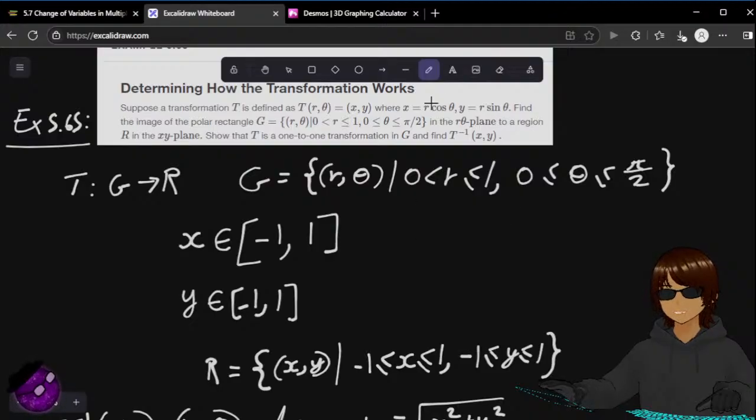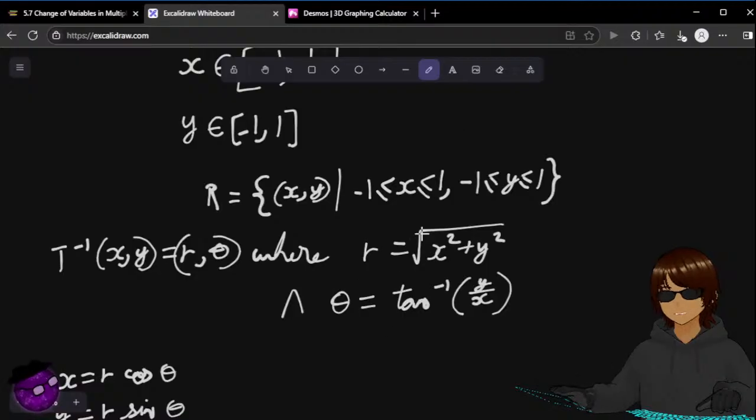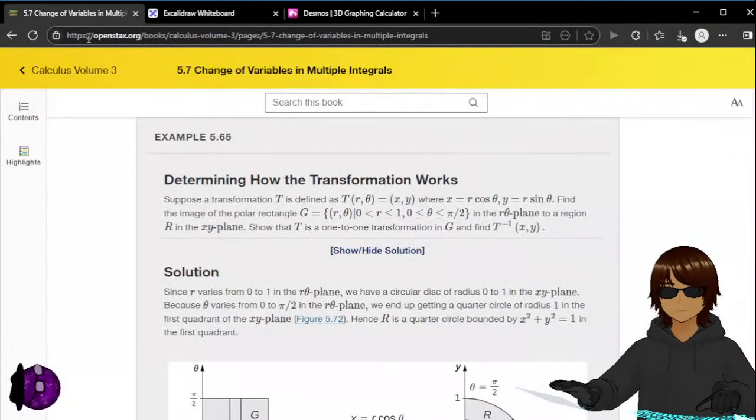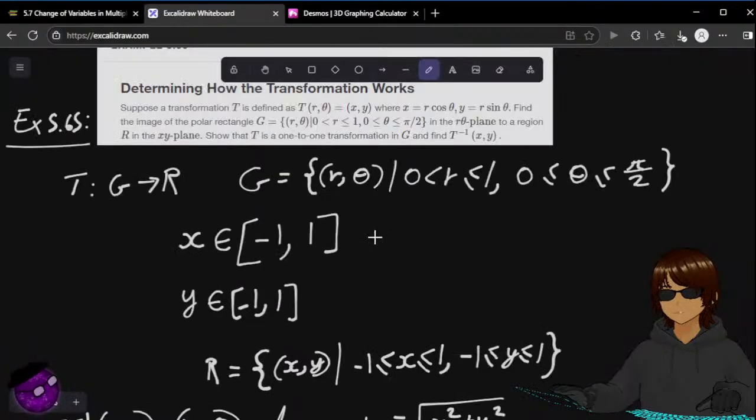Yeah, so x square is r square cos square, y square is r square sin square. If you add them up, we get x square plus y square is equal to r square, because cos square plus sine square is equal to 1. So you end up with this.